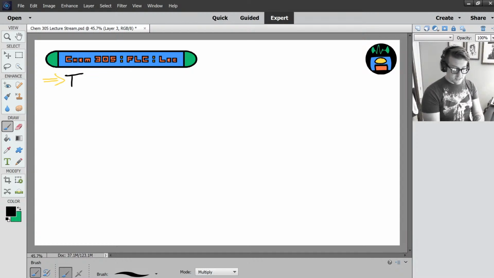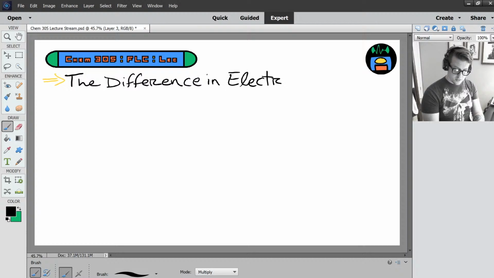The difference in electronegativity, which from this point on I'm going to write as a delta, the symbol for change, in EN.